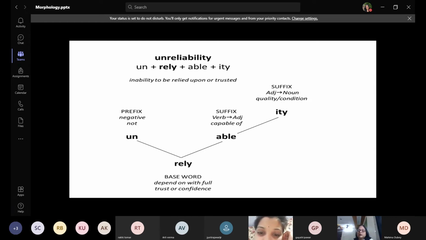So by adding a suffix to the root word rely, it becomes reliable. And this word reliable has got two morphemes, right? Rely and able, there are two morphemes in it. And the word class is changed. From verb, it becomes adjective.